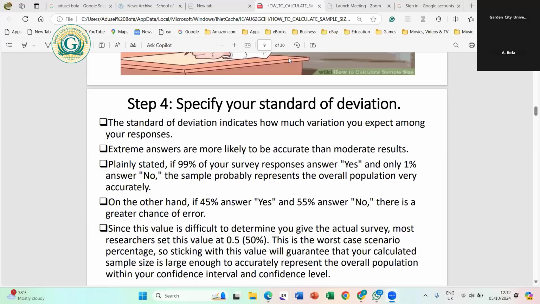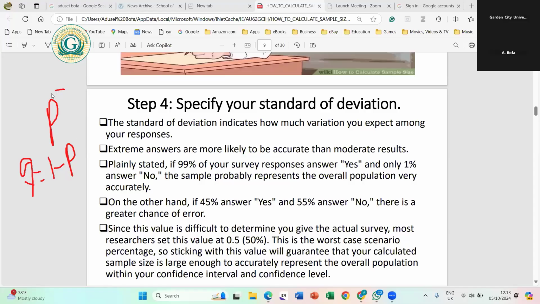To be on the safer side, they split it, and those who are experiencing we represent as P, and those who are not experiencing we represent as Q. This Q is equal to 1 minus P, because if it's not white, it's black. If the probability that it is white is P, then the probability that it's not white will be 1 minus P, so that we can get Q.